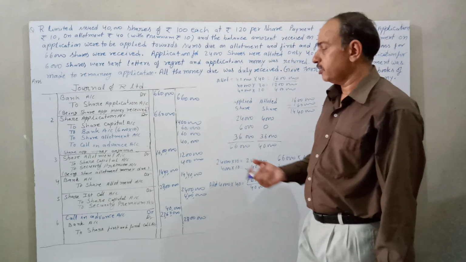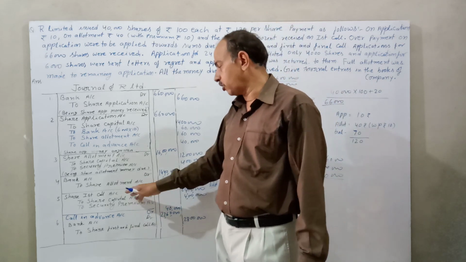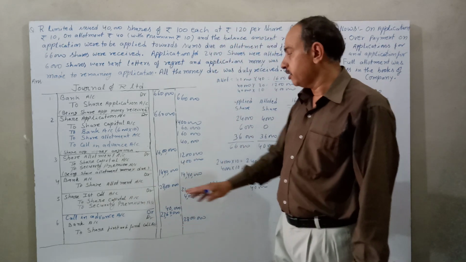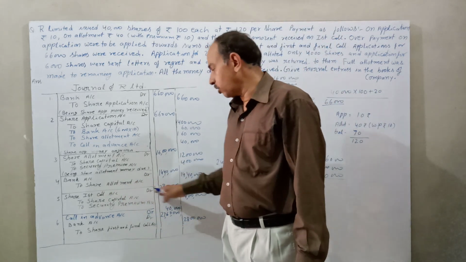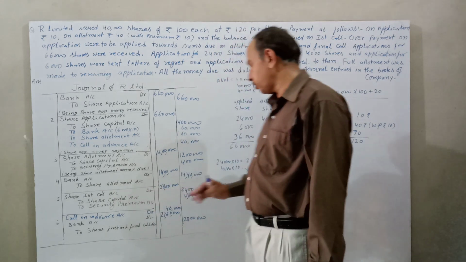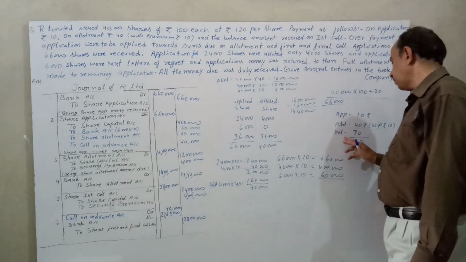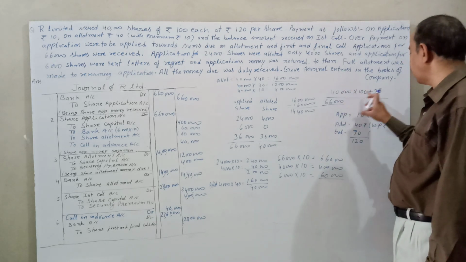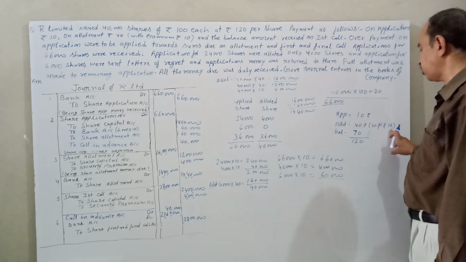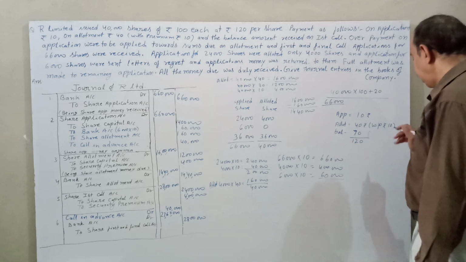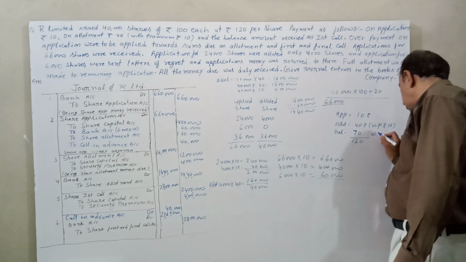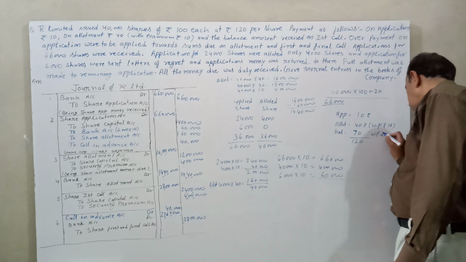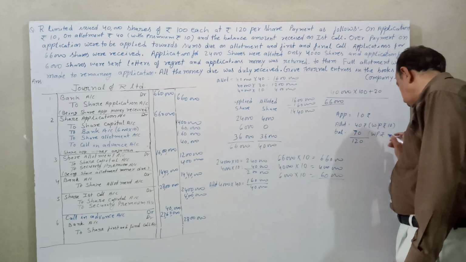After allotment, the company passed the first call's money: share first call account debit to share capital and security premium, because the balance amount is 70 and rupees 10. Out of 20 rupees premium, 10 rupees received with allotment, and the remaining 10 received on first call.